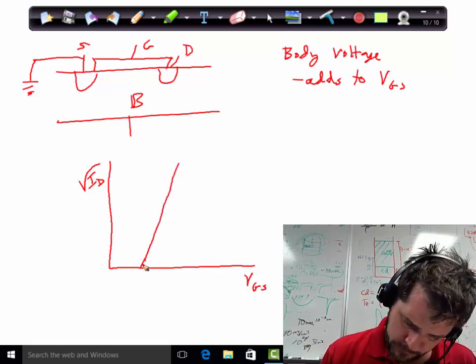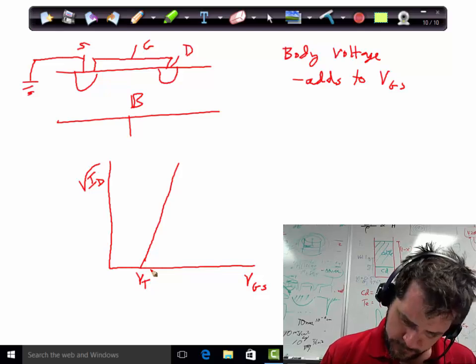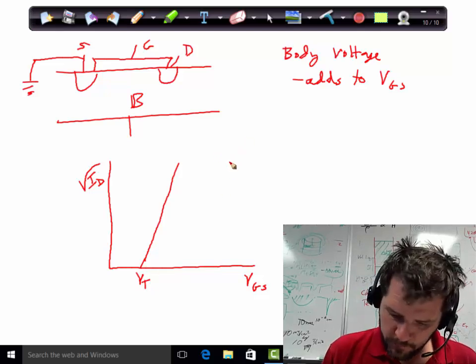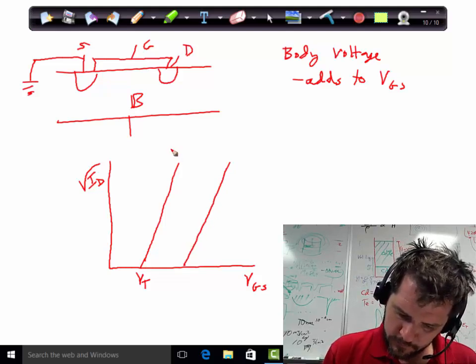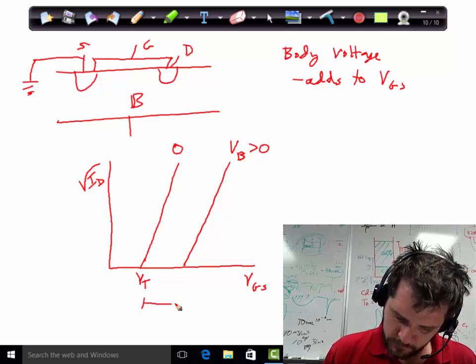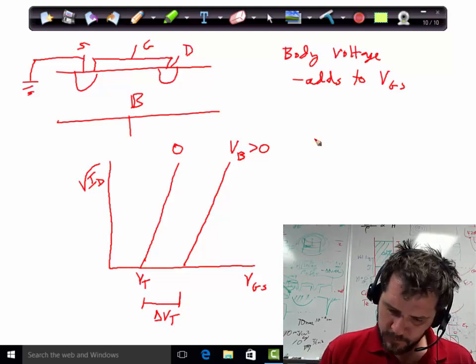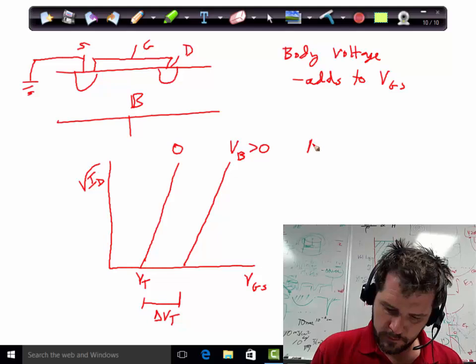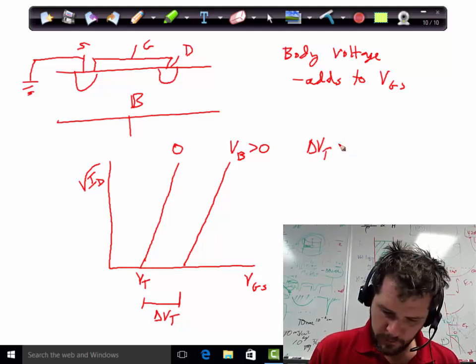So this is the original V threshold, and if we apply a positive body voltage, so this is 0, VB greater than 0, we'll change the threshold voltage. And that threshold voltage change is derived in the book and given by this formula here.